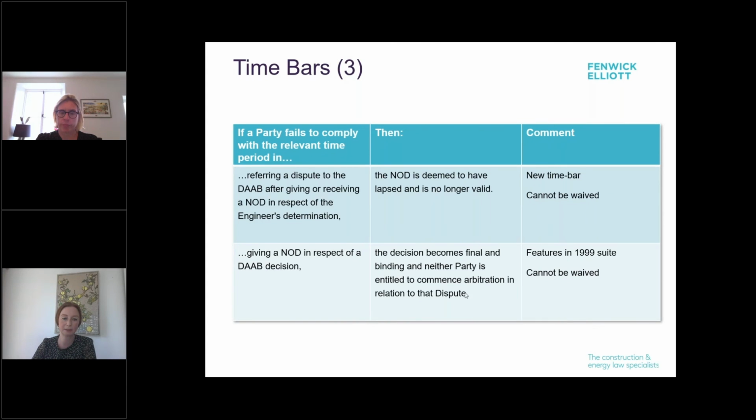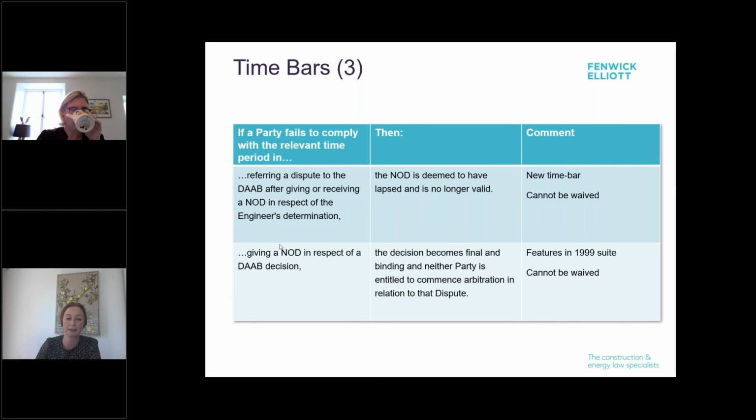And just briefly covering off, referring a dispute to the DAB after giving a notice of dissatisfaction. The applicable timescale is within 42 days of giving or receiving a notice of dissatisfaction.